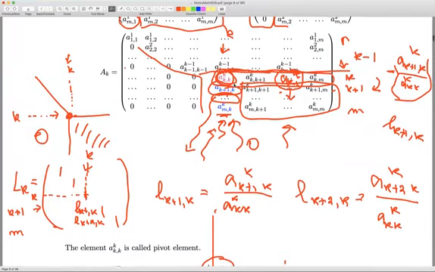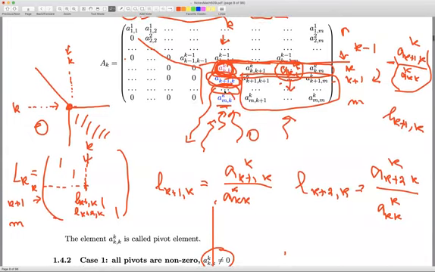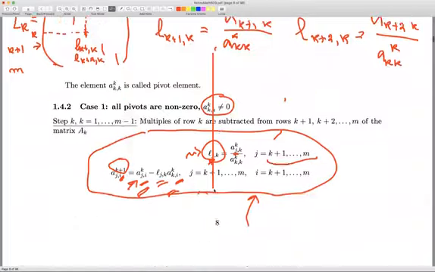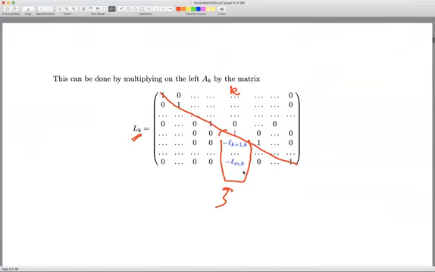We look at this number A_k+1,k at step k divided by the pivot and write down the index, which is the same as the existing index k+1,k. And so on up to the last term here. We look at this term, divide it by the pivot element, and populate the matrix at this position, with index m,k, with a negative sign.